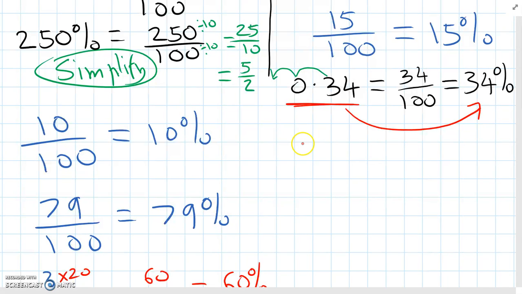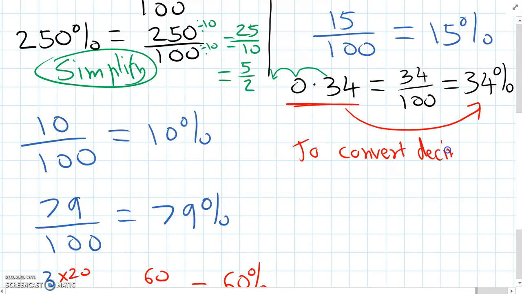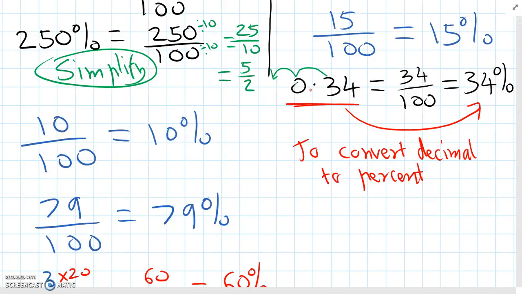So, to convert a decimal to a percentage, we remember that to move place values in a decimal, we multiply by a power of 10.